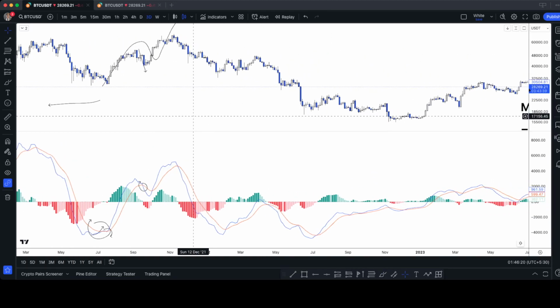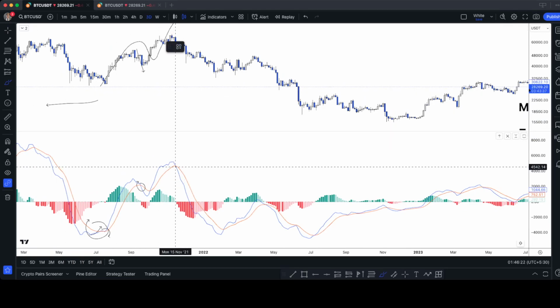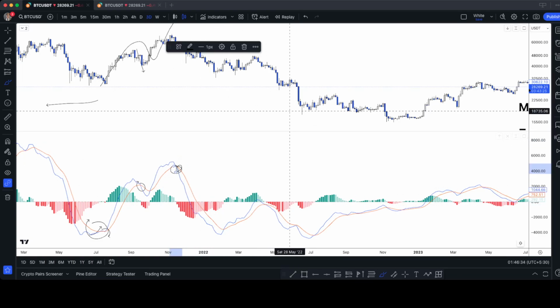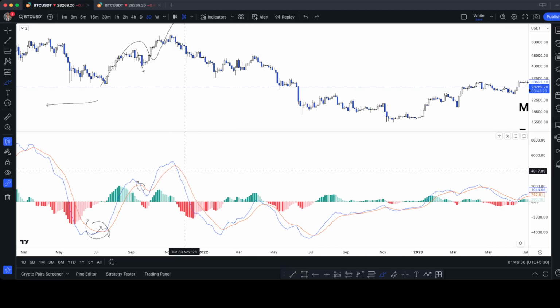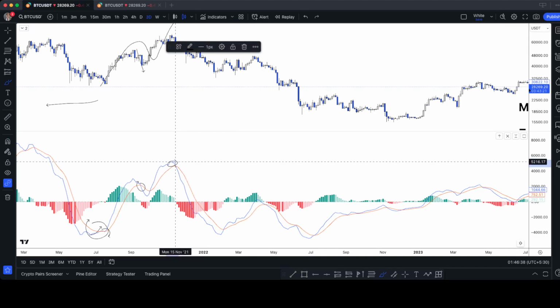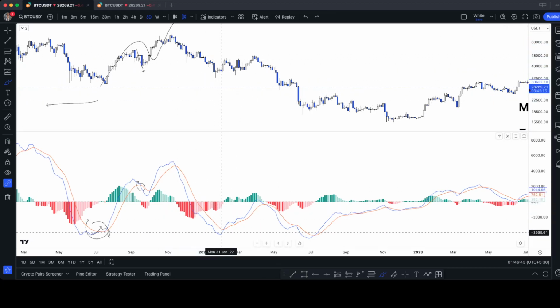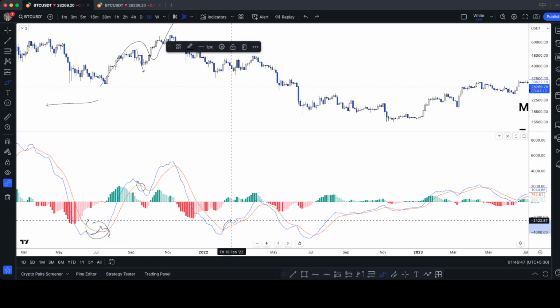Again, let's see the blue one. You just need to wait for the flip of the zone. When the blue crosses the orange, the trend has changed. That's what MACD indicates. When the blue crosses the orange again, we see a very good dump. Again the blue crosses the orange, you see a pump.